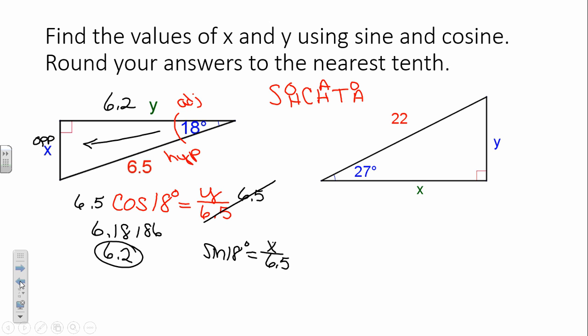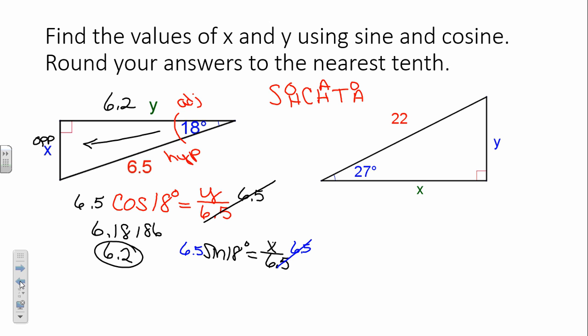So I'm taking 6.5 times both sides to make that go away. No more denominator. And so it's not going to be the same as y. Yes, just like before, we multiply 6.5 times the sine of 18 this time.